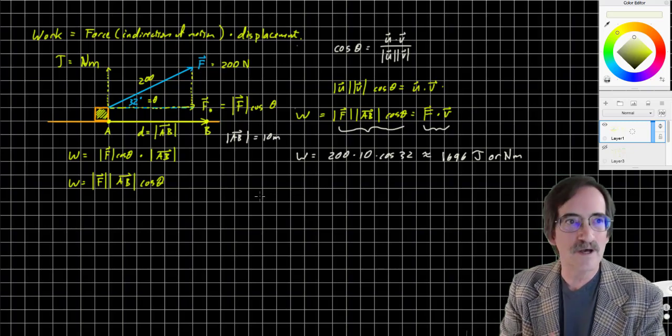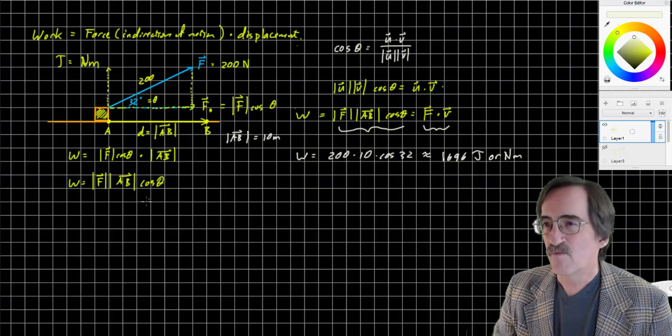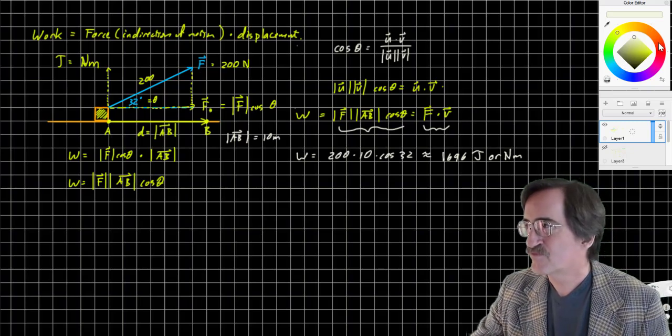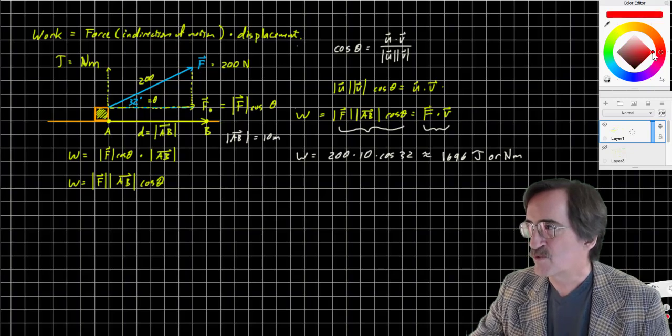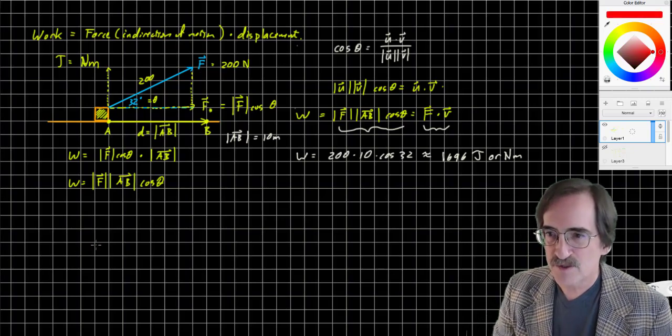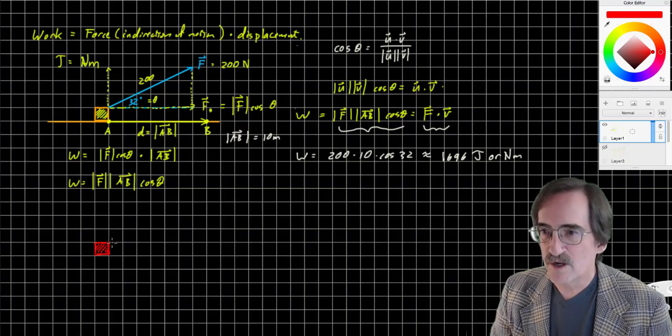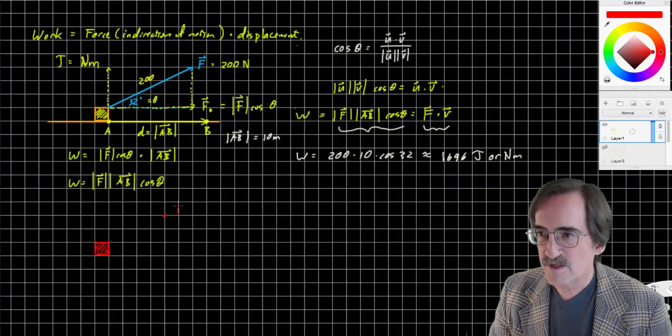Let me give you another case here. What if we have this scenario in which we have rectangular form? So we've got an object on the ground, and we pull on it with a force vector with these rectangular coordinates.